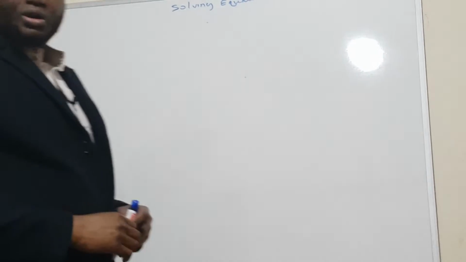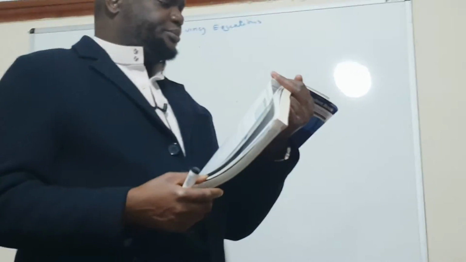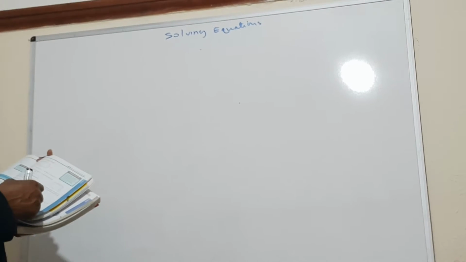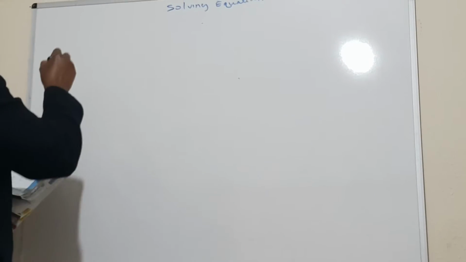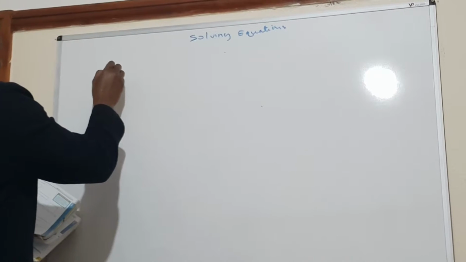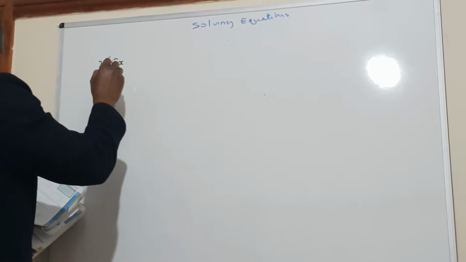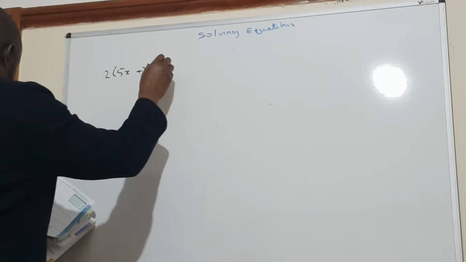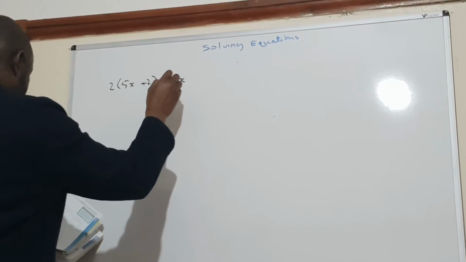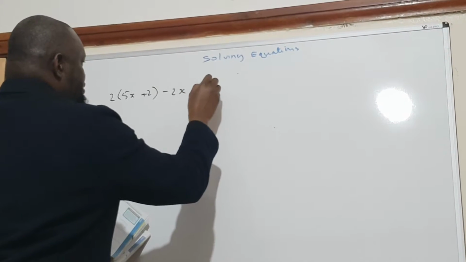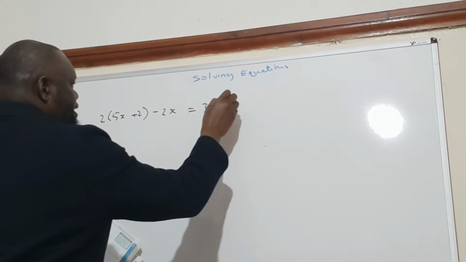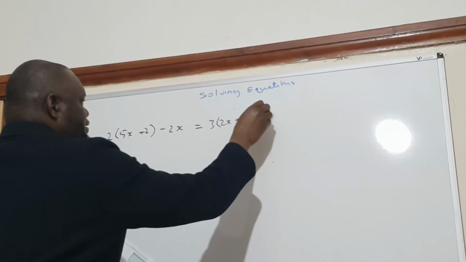We will look at this book, what it says. Example. Setting equations. The example says 2 into 5x plus 2 minus 2x is equal to 3 into 2x plus 3 plus 7.